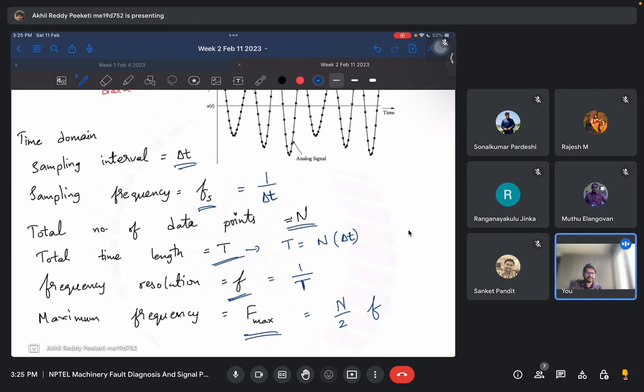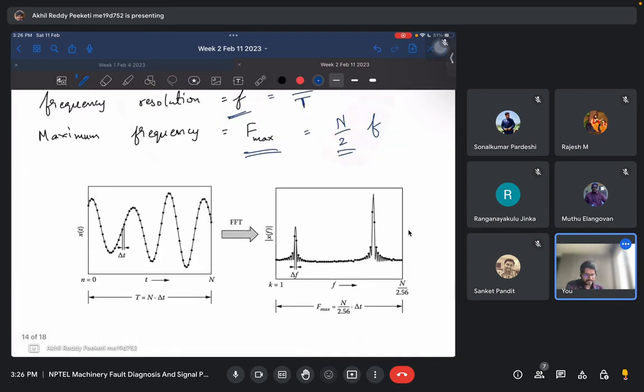This is the maximum frequency you can obtain, because when you do a Fourier transform for a given signal, you get positive and negative frequencies, and you only consider the data in the positive range. So you'll only end up with half of the total size, n by 2 into f.